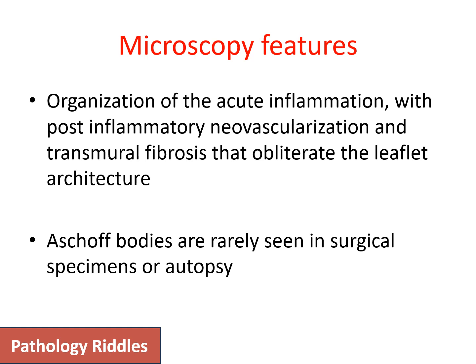After this inflammation has subsided a little bit, there will be post-inflammatory neovascularization, that is new vessel formation. There will be transmural fibrosis. Transmural means complete thickness of the cardiac muscle will be fibrosed. This will obliterate the leaflet architecture.